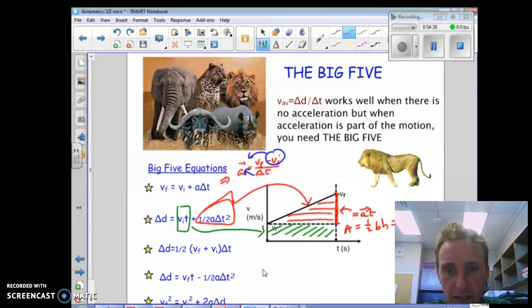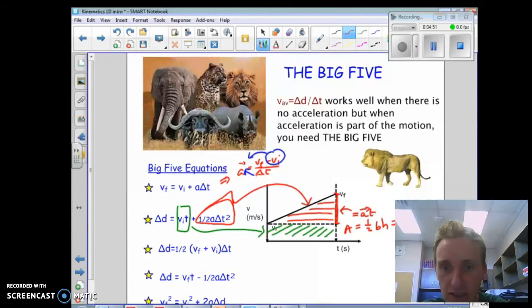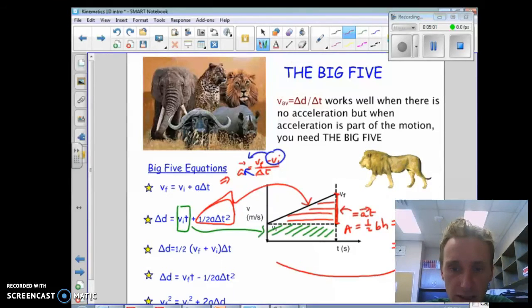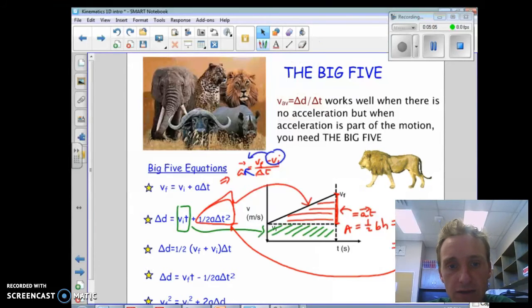We know that the base is t, and we know that the vertical side of the triangle is equal to at, so the area of the triangle becomes half at squared. That is half b h, or the area of the triangle, and then we can put it into the equation. So it turns out that we can derive the second equation.